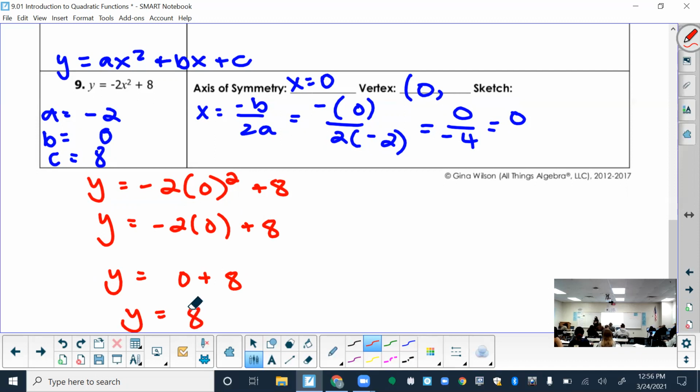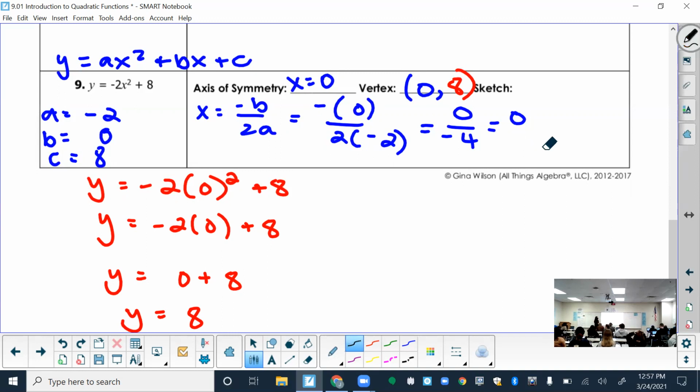It should just be a positive 8, right? So 0 squared is 0, negative 2 times 0 is 0, plus 8 is 8. All right, or just use your calculator to avoid those little mistakes. All right, question?